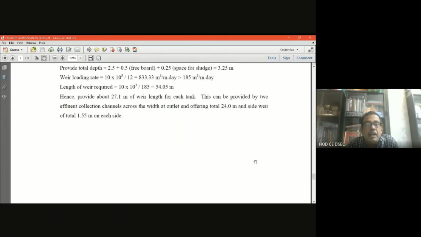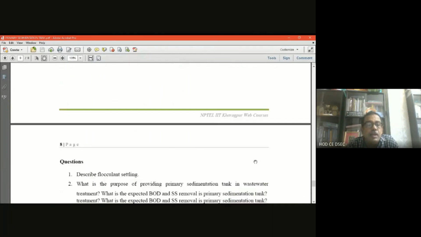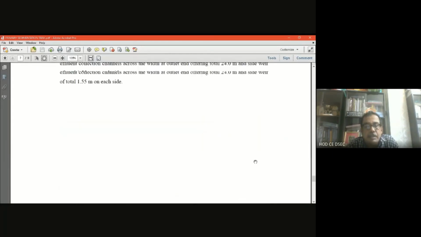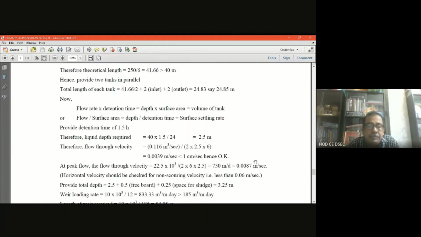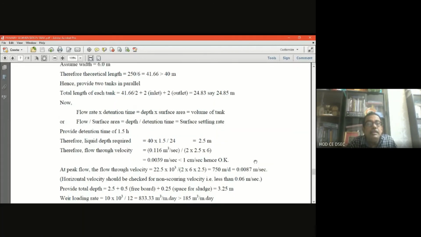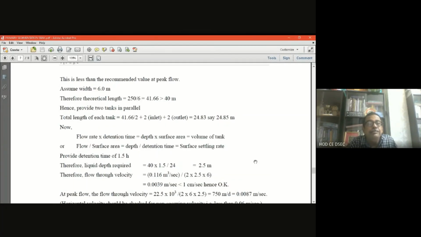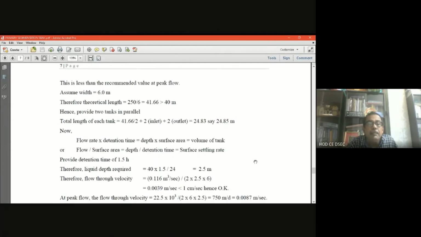So this is what I have described to you: how to design the primary sedimentation tank, and I have given you the application of the surface overflow rate as well as the settlement rate, that is flow by surface area.